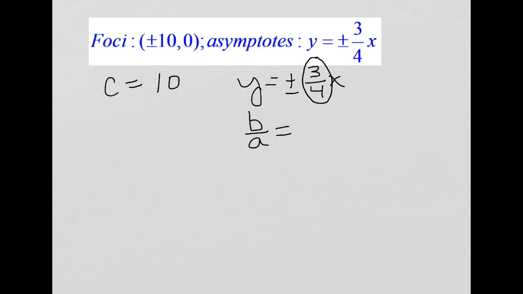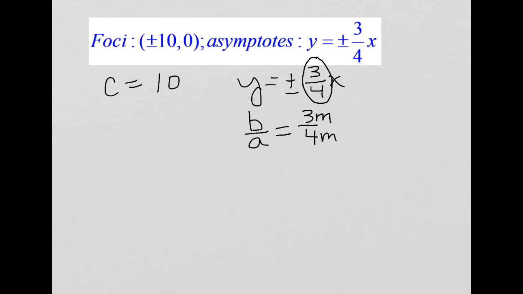And we know that the ratio of b to a is 3 over 4, but we're not sure if there is a multiple. So we're going to put a variable in here and see if there is a multiple that is going to multiply times that.